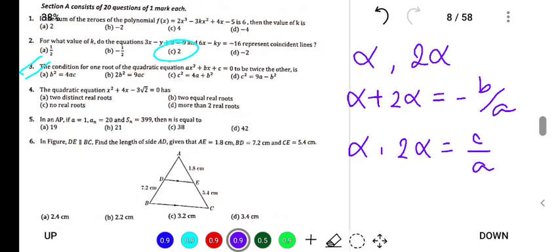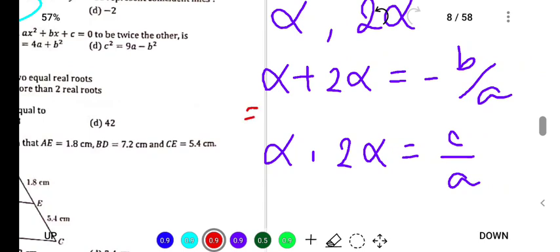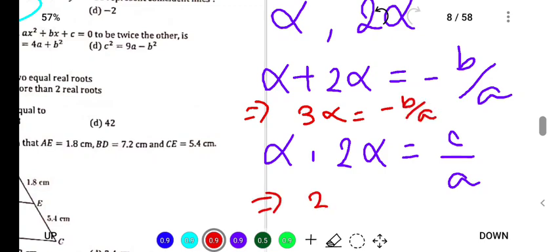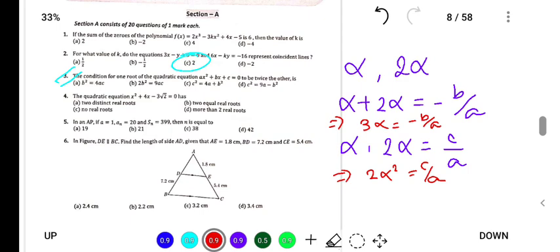Try to understand. So 3 alpha is equal to minus b upon a, and 2 alpha square is equal to c upon a. Understand? So these are our two equations.